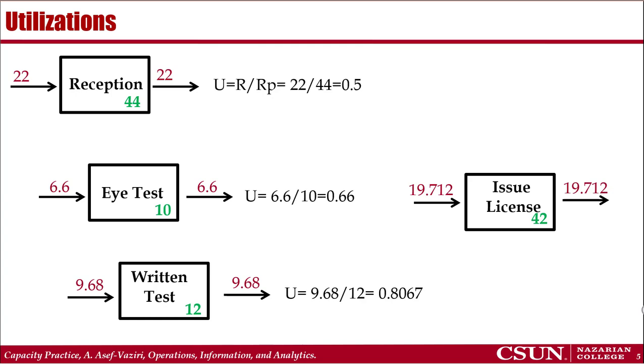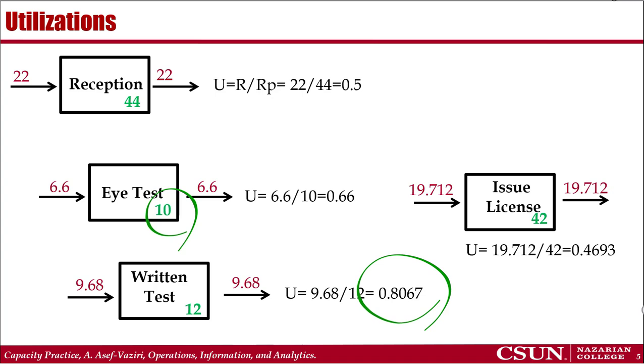At the beginning, when we looked at these four processes, we thought the process with lowest capacity is the bottleneck. But now we need to look at utilization. Which station has the highest utilization? The highest utilization is here. Therefore, this is the bottleneck.